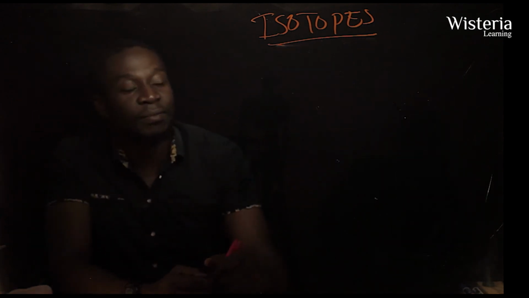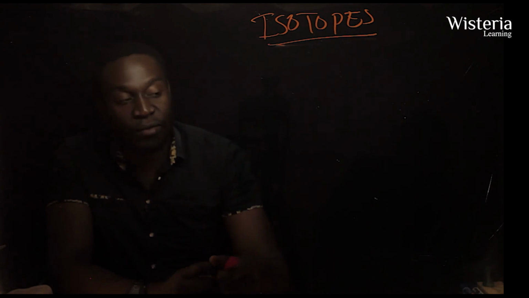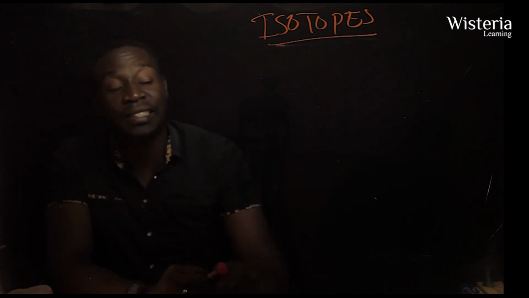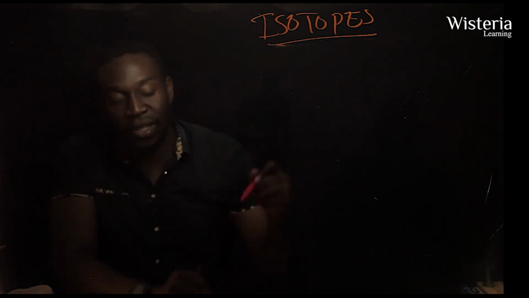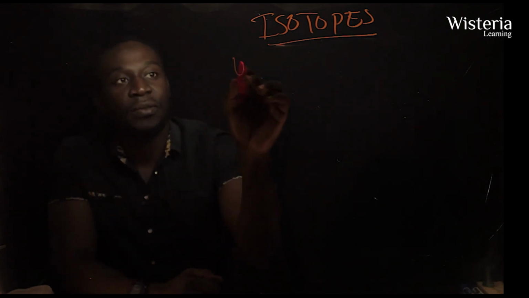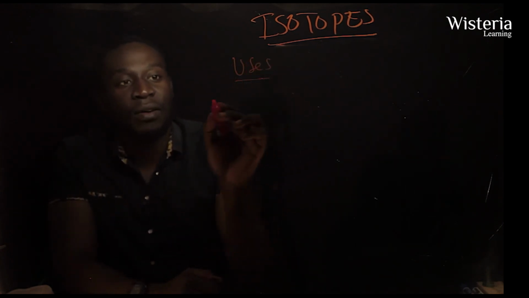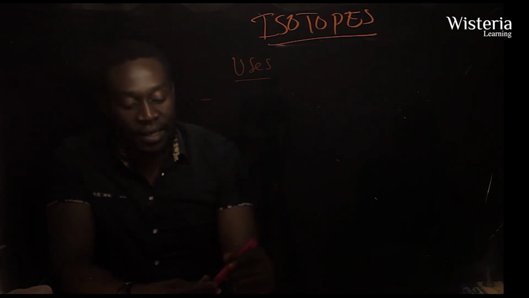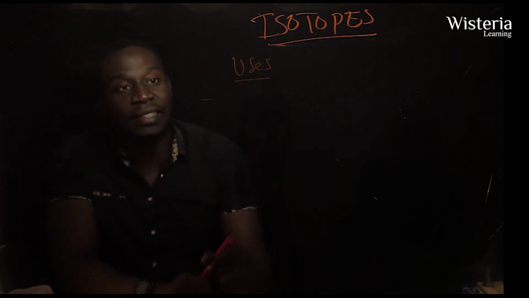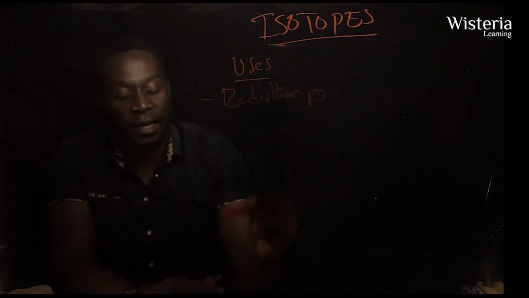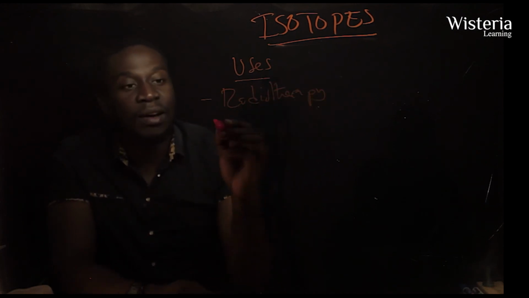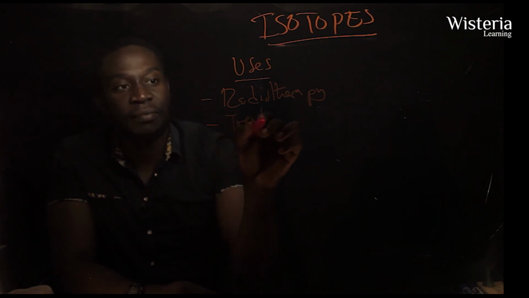Okay, so we have known how to calculate the relative atomic mass of a given element using its isotopes. Now, the next thing that we're going to look at is what can we use these isotopes for? In medical industries, isotopes are used in radiotherapy, like the isotopes for cobalt. They are also used in the treatment of cancer.